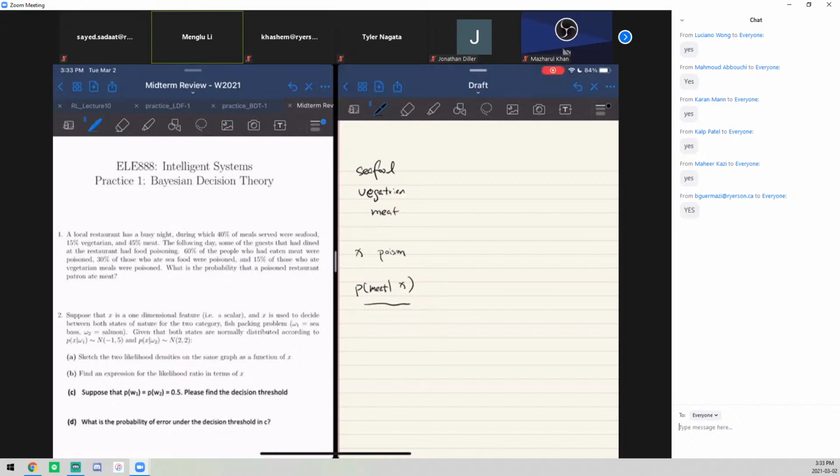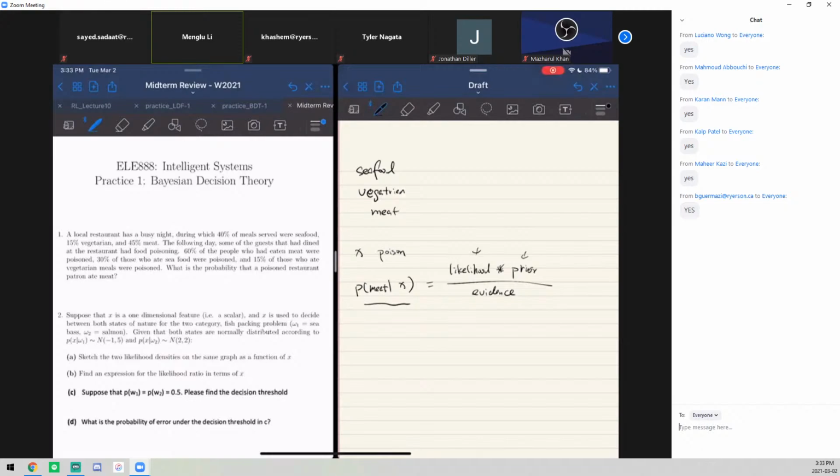To calculate this, we need the Bayesian formula: likelihood, prior, evidence. The Bayesian formula is like this, and the likelihood and the prior are given to us.